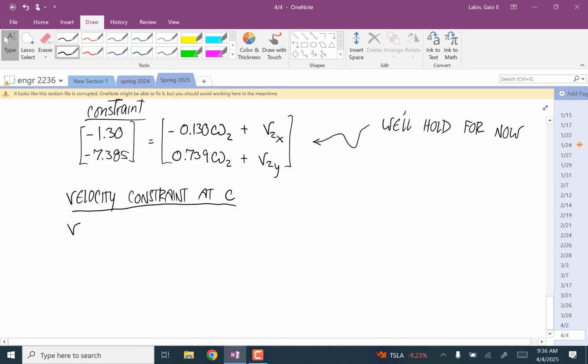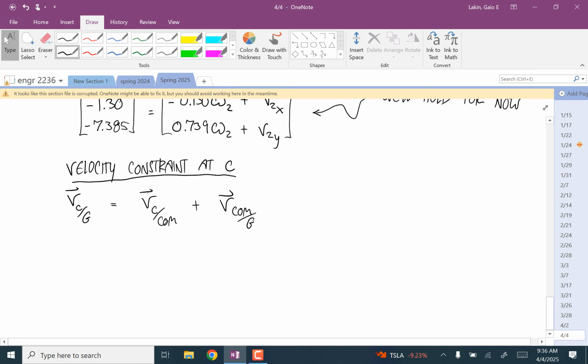Well, there's no fixed point on body 2. So the velocity at C relative to the ground is equal to the velocity at C relative to the center of mass plus the velocity of the center of mass relative to the ground. And this looks very familiar.